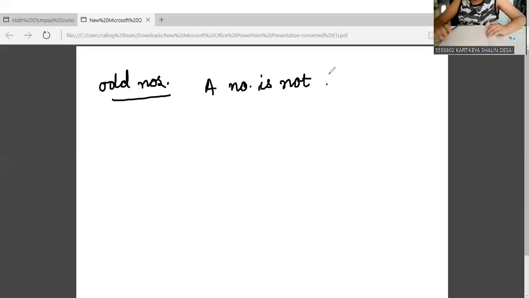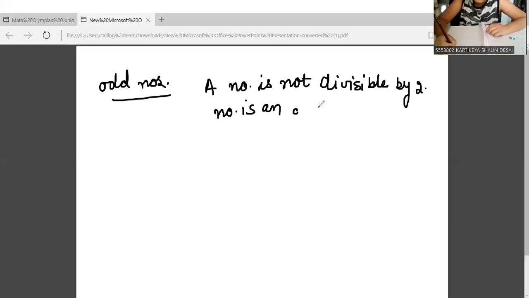So we were doing odd numbers. Now I can say if a number is not divisible by 2, then we'll say that number is an odd number. Now you can correlate.